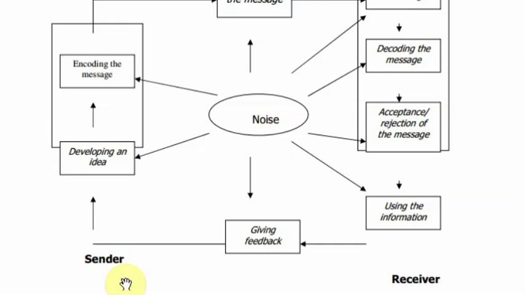Like that, communication happens in different circles. One communication circle, then a second communication circle. That complete process is called a circle because it goes in a circular form.